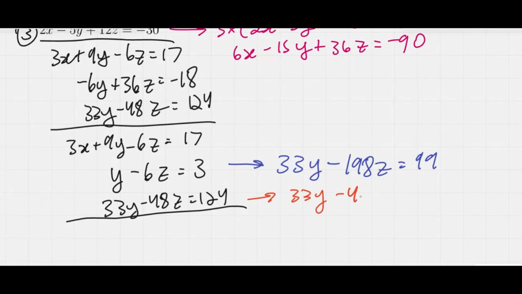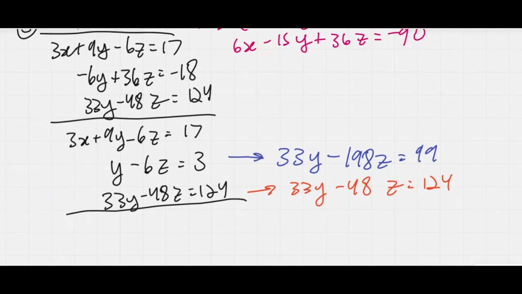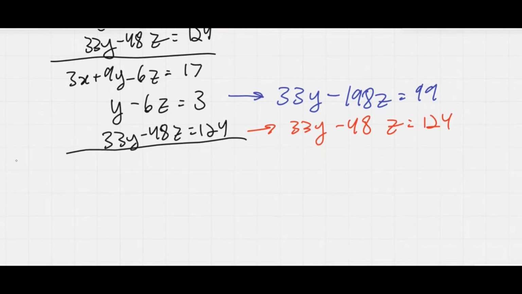And so what do we see immediately? Well, we can actually subtract both of the equations. Let's do that down here. I'm going to leave the first equation as is, and the second equation as is as well.